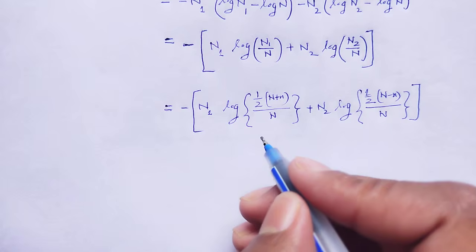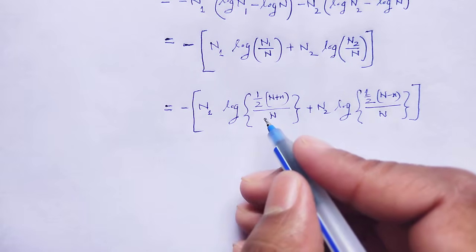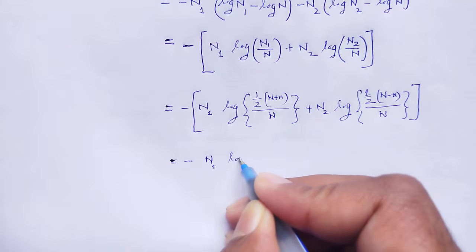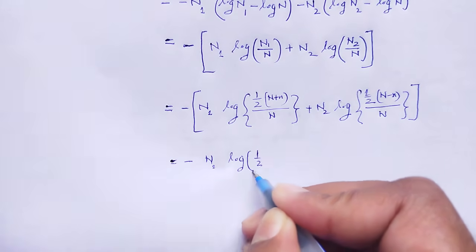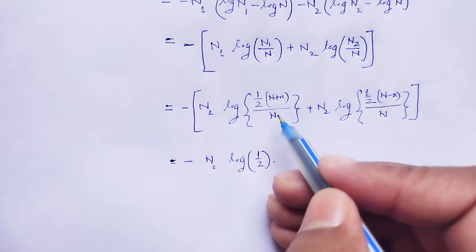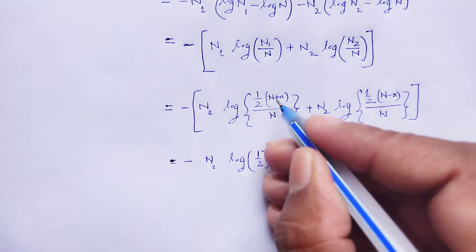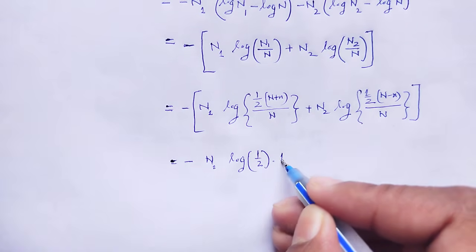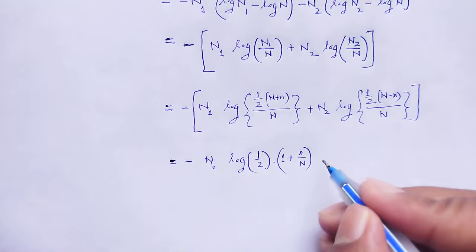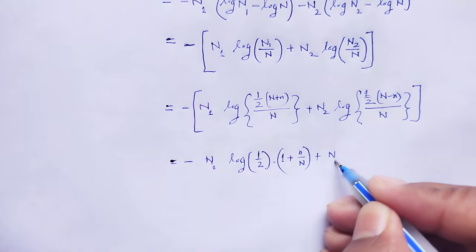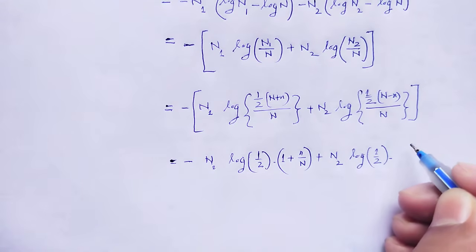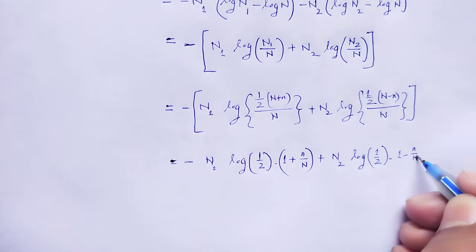It can be obtained as minus n1 log half into log the term n plus n divided by n. It is written as n by n 1 plus n by n, plus n2 log half into 1 minus n by n.